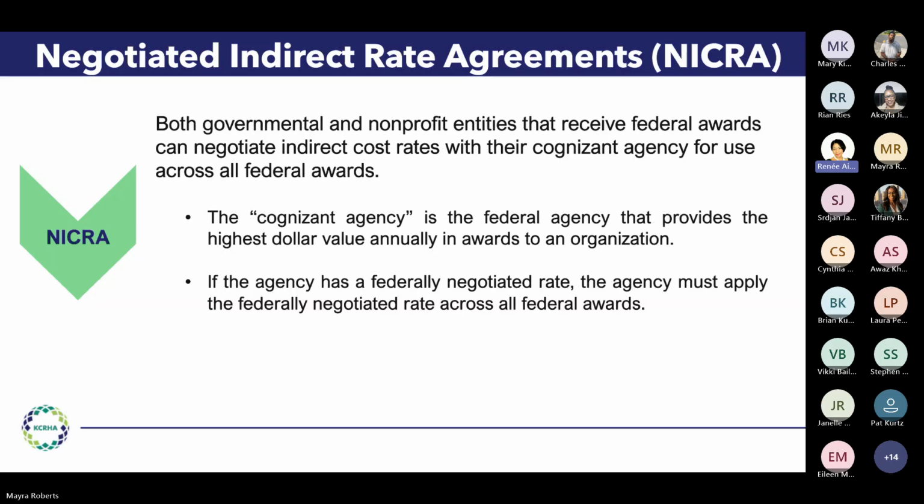If the agency has a federally negotiated rate, the agency must apply that rate across all federal awards. So just like your indirect allocations, it has to be consistent. Same is true for your NICRA. If you have a NICRA, you must use it for your federal awards. You cannot pick and choose, oh, I'm going to use it for this federally funded project, but not this project. It must be applied consistently across all of your awards.